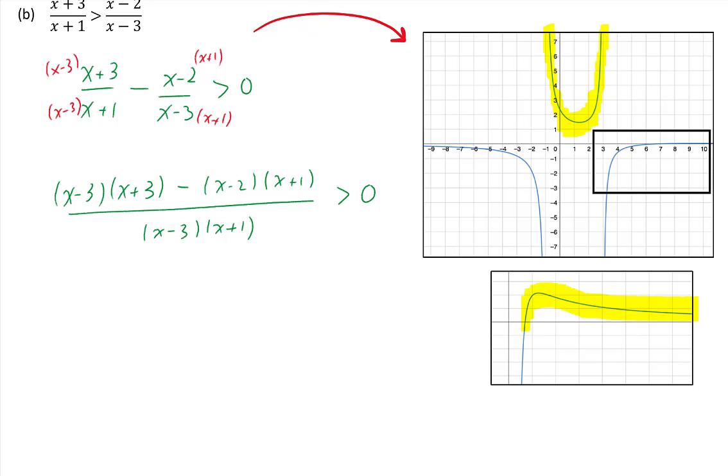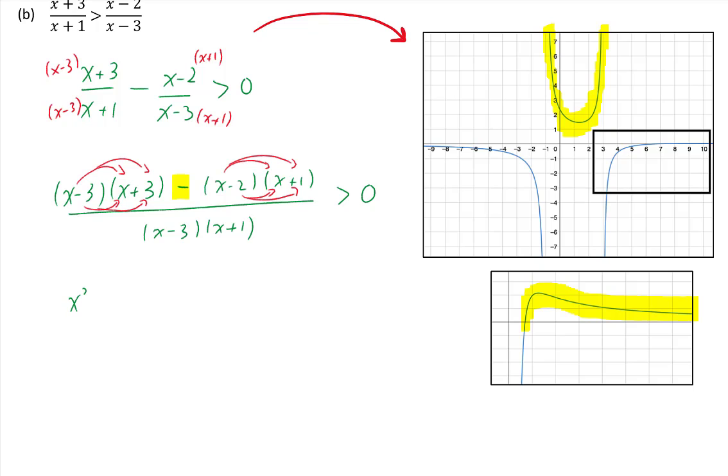The bottom is factored, the top, however, is not because of this minus sign here. We need to get it all as one object. So what we're going to need to do is expand these quadratics and simplify and possibly factor.